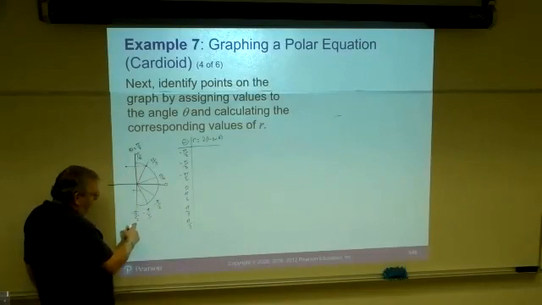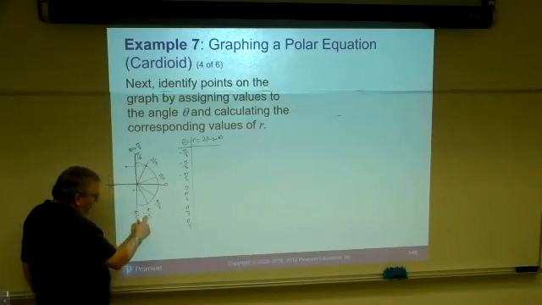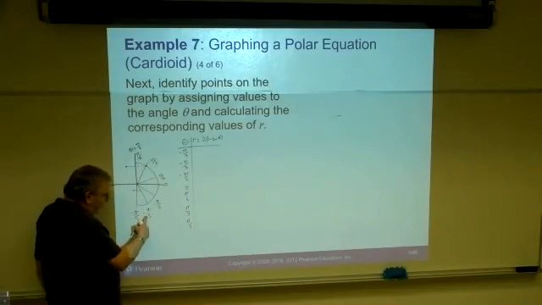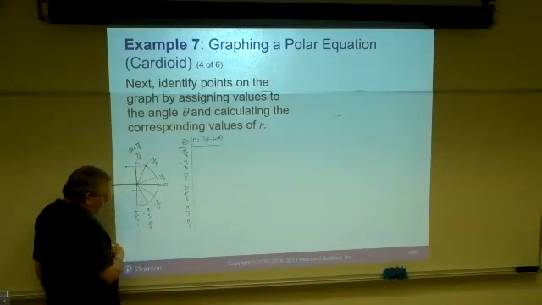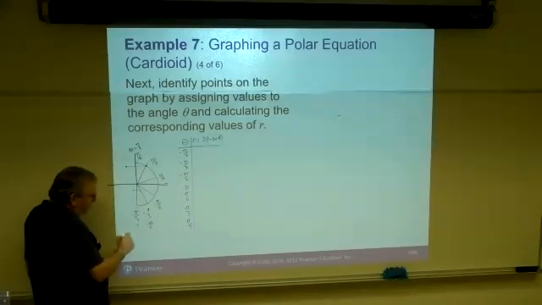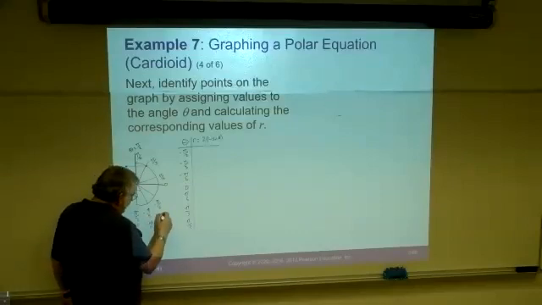The y value for negative pi over 2 is -1. The y value for negative pi over 3 is negative square root of 3 over 2. The y value for negative pi over 6 is -1/2.